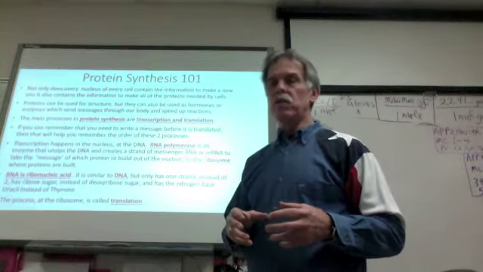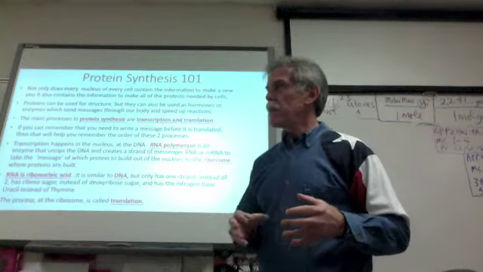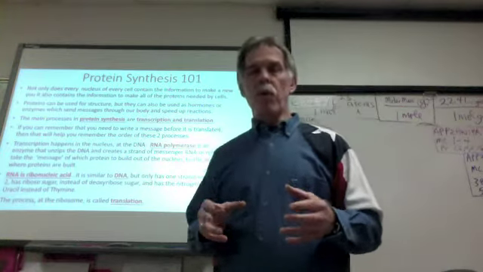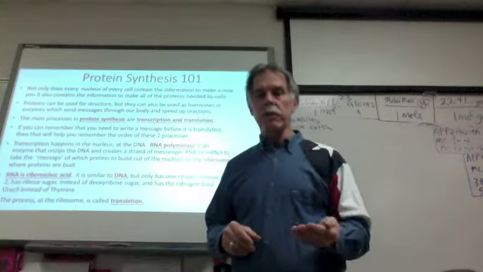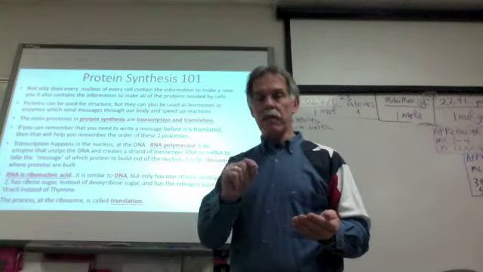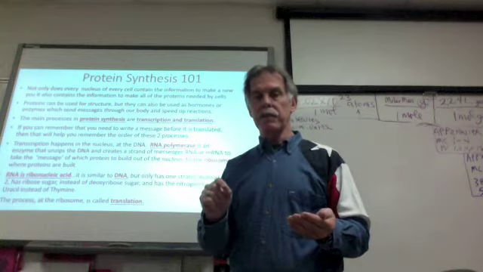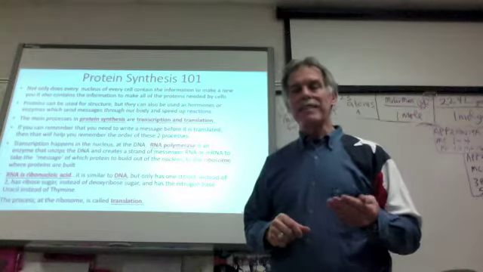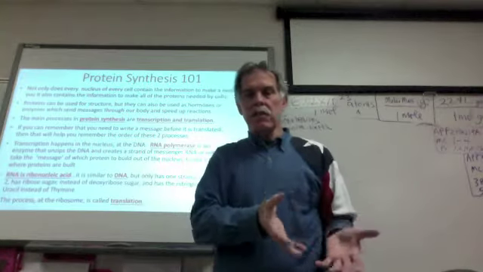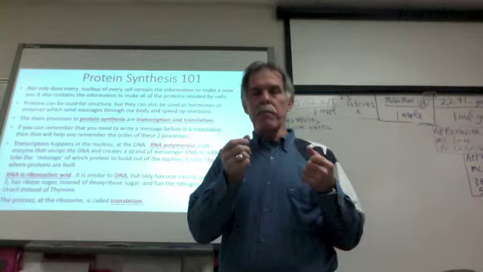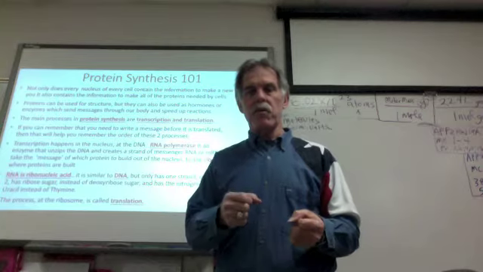And there's a big picture of this. There are two main points you need to remember. One is transcription, the writing of the message, which happens in the nucleus. Then translation. Of course, we can't translate a message until it's written, so you need to remember transcription and then translation.